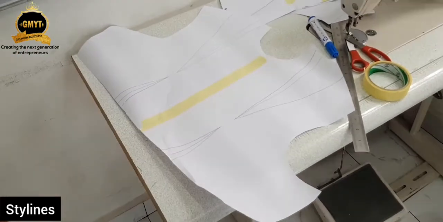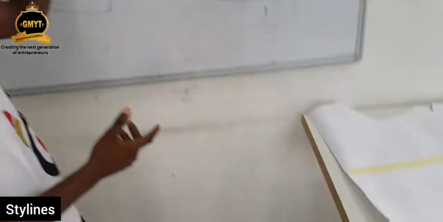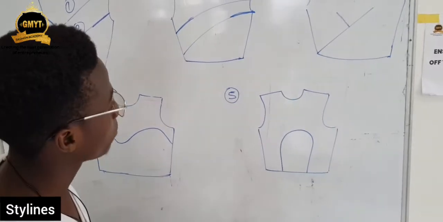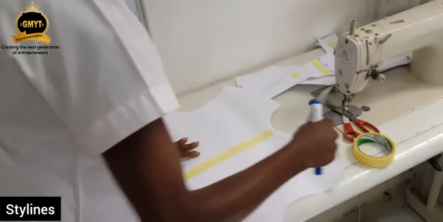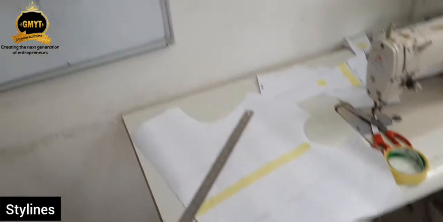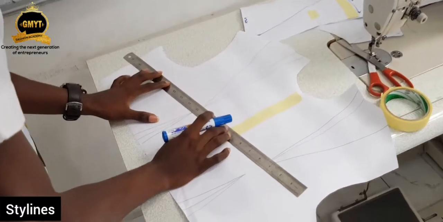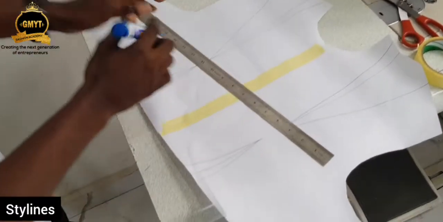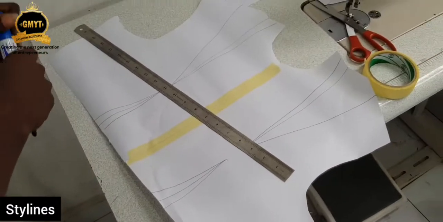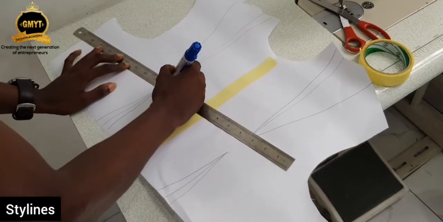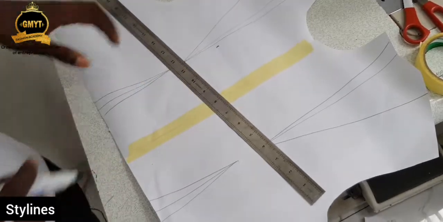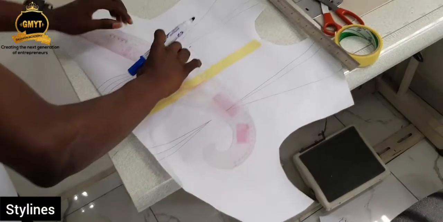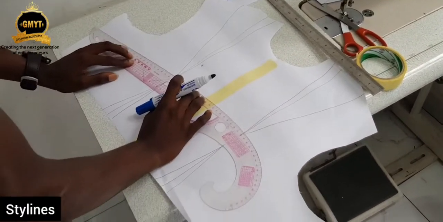All right, so now the next step for us is to interpret the design, right? So now let's transfer our darts. You're making use of your French curve.